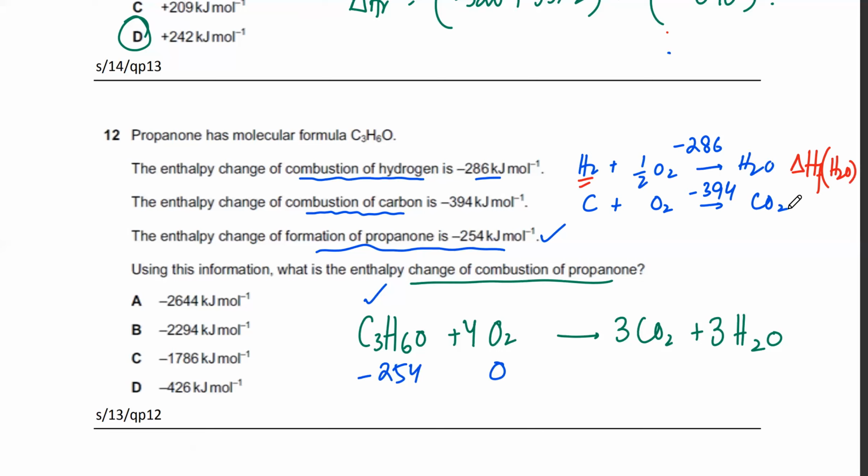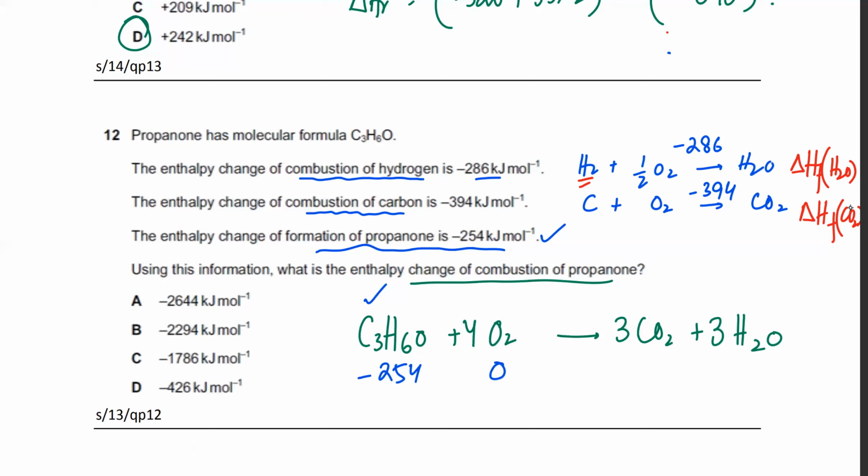And we can call this the enthalpy of formation of carbon dioxide, because 1 mole of carbon dioxide is produced from its constituent elements. So he gave us the enthalpy change of combustion, but we're going to read it as the enthalpy of formation of carbon dioxide.